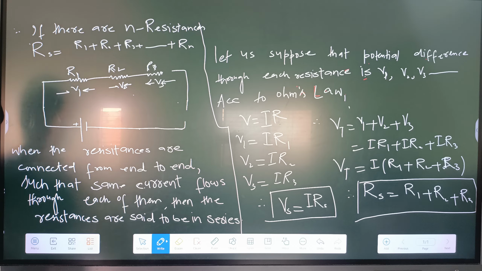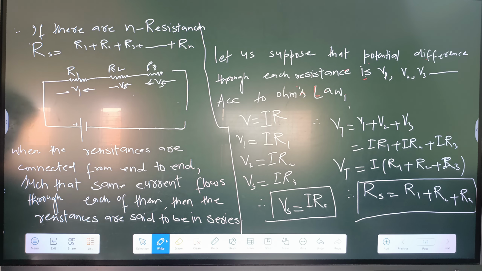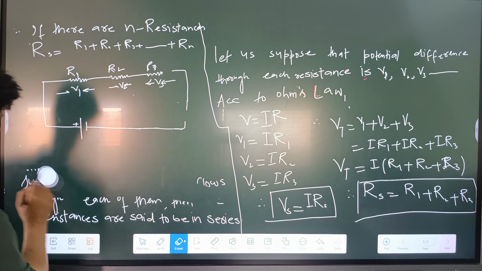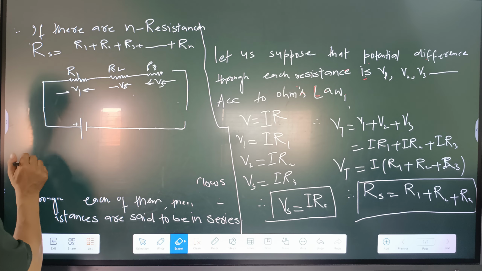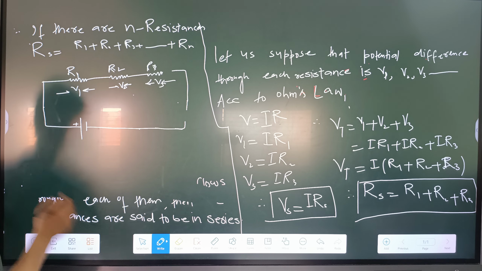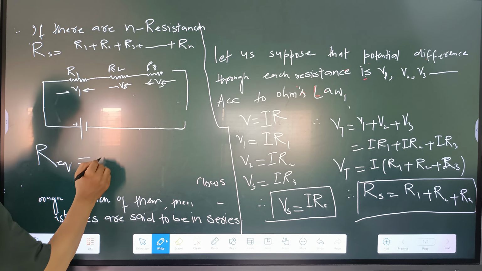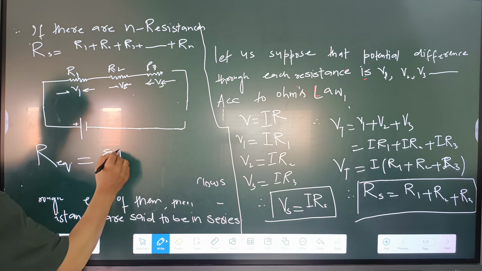So these are n resistances. Or we can say the equivalent resistance R equivalent is equal to the summation of Ri.